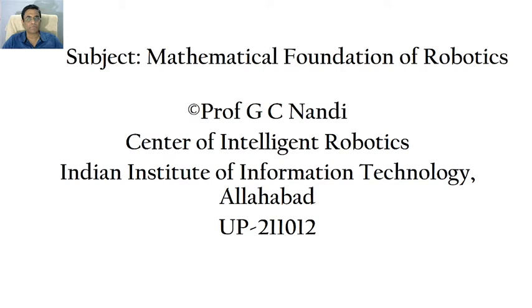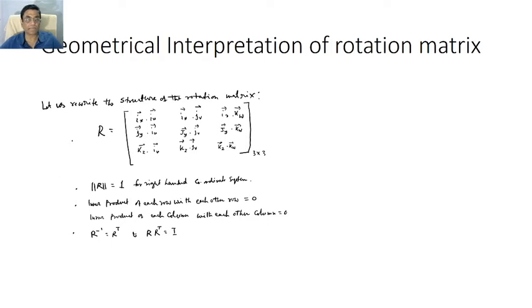So before going further, just to recapitulate, today we are also trying to discuss some geometrical interpretation of the orientation matrix or rotation matrix, because if you know geometrically what it means, then sometimes apprehending rotation will be useful for understanding. Okay, so let us try to recapitulate.